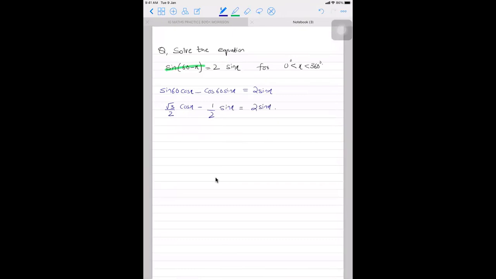Now from here I want you to solve. Simplify the equation. You're going to end up with the cos x term on the left side of the equation, sin x term on the right hand side. Then you can divide sin x by cos x and rearrange to find tan x. Okay.